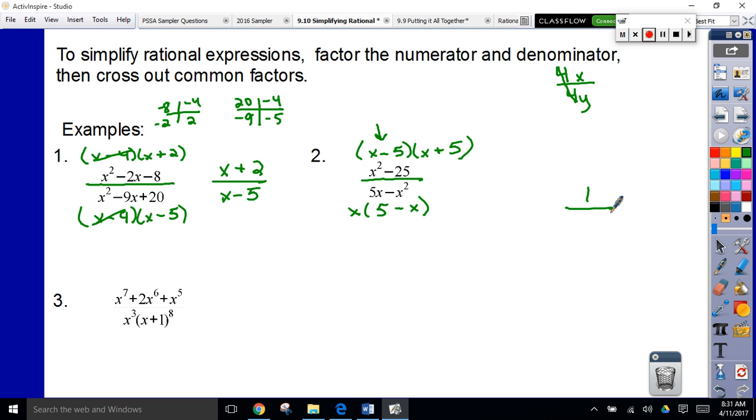If I did 1 over x times 5 minus x, it would mean x squared minus 25 divided by that fraction, which would move the x times 5 minus x to the top. It still wouldn't allow us to cancel it out because it's not the same terms. What I need in order for it to be the same is I need these to be opposite signs. Gretchen?